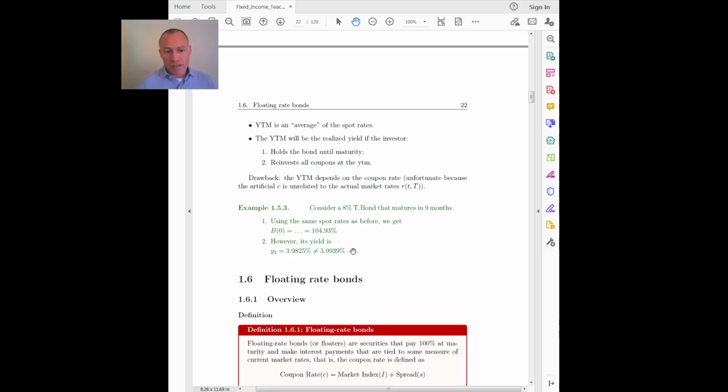So this is a defect, if you will, a disadvantage of the yield to maturity. But again, going back, the purpose of the yield to maturity is to give us simple information that is easier to understand, more intuitive than bond prices in some cases. Okay, stop here.